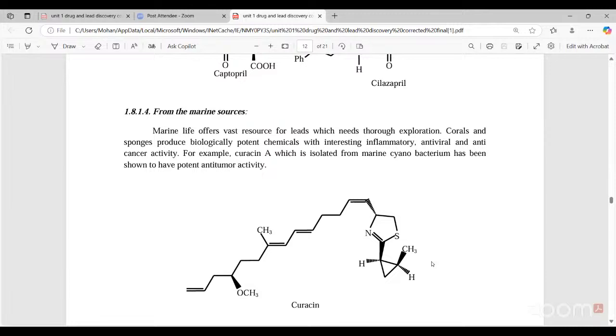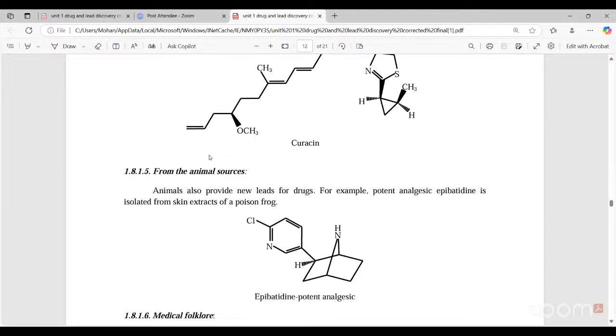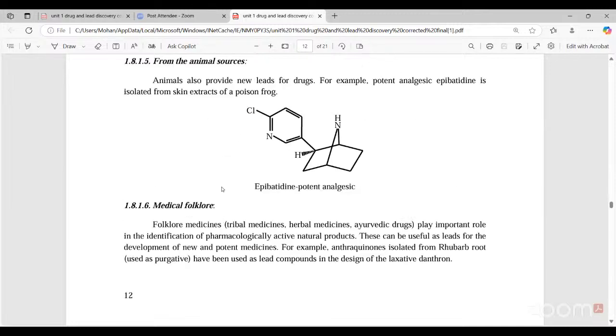Like Curacin A, which is isolated from a marine cyanobacterium, has been shown to have potent anti-tumor activity. And from animal sources, we have epibatidine, an analgesic drug.